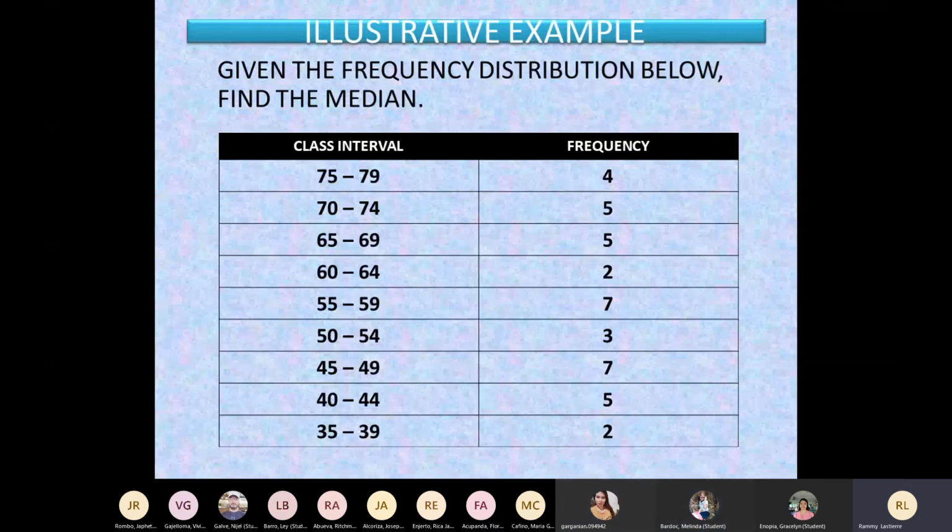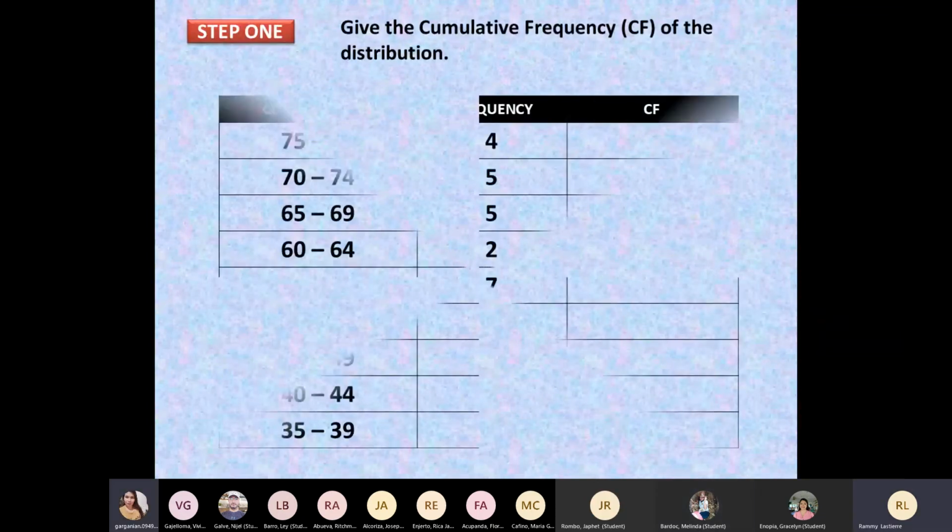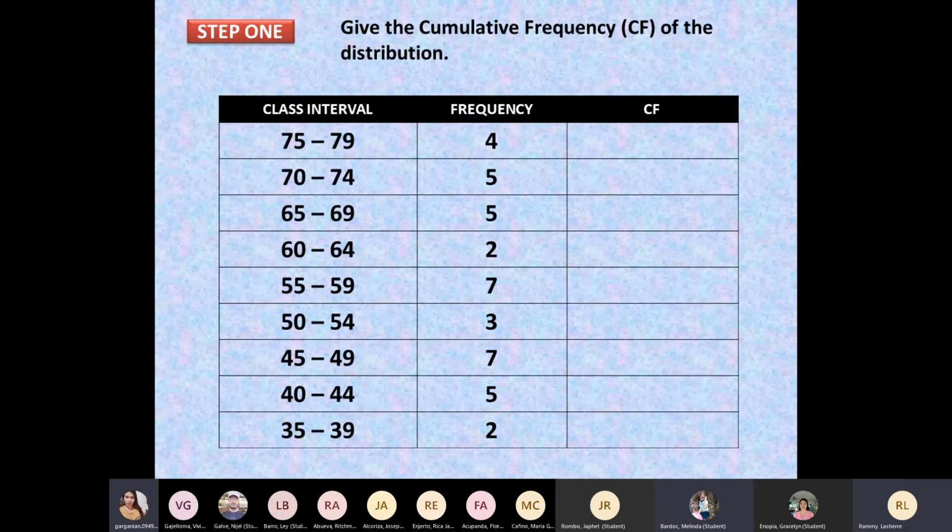So the next question is, what are the classes involved in our median class? N divided by 2 is equal to 20. You are the one to find the cumulative frequency.